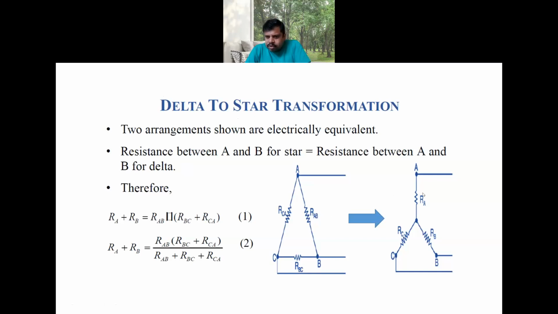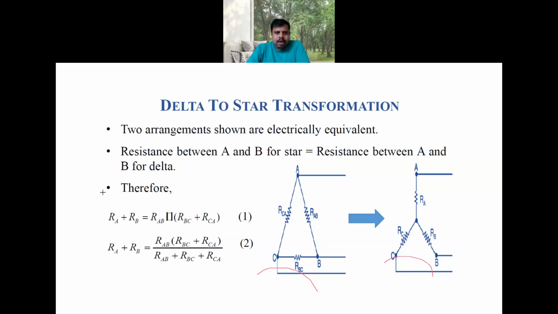And in the star connection, if nothing is connected to C, no current will be flowing through RC, so the resistance RC will not be there. RA and RB will simply be in series. So whenever we consider an equivalent circuit between A and B, with C open circuited outside, meaning C is not connected to anything, then RA plus RB is the star connection between the A and B terminals.